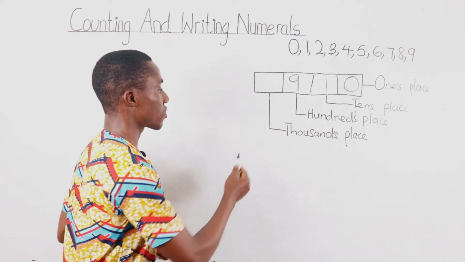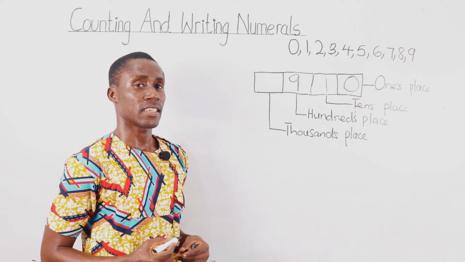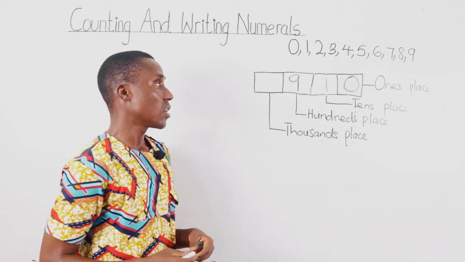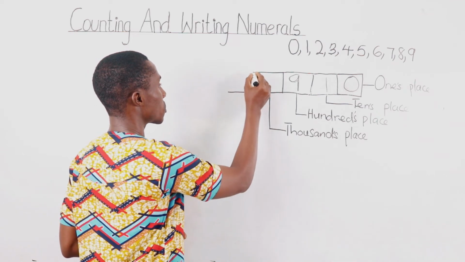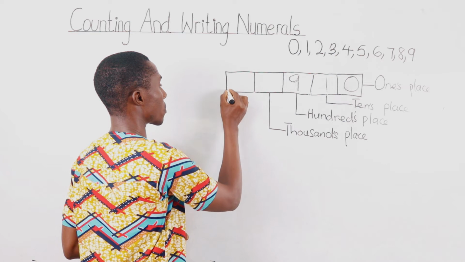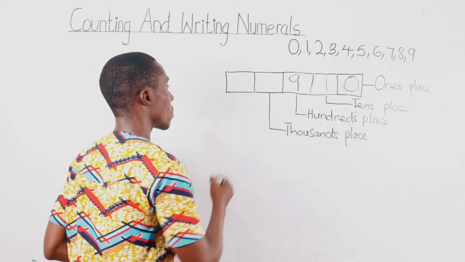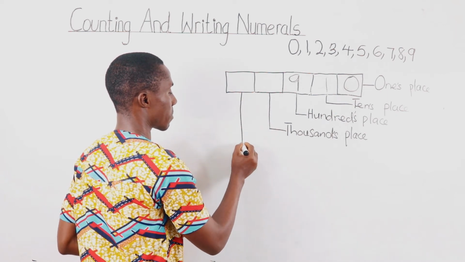We are going to multiply 1000 by 10, and that will give us 10 thousands. And therefore the next number place will be used to count groups of what? 10 thousands. And therefore we will call it the 10 thousands number place.